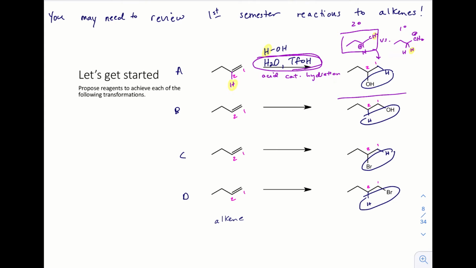The second reaction, however, has the product which would be the result of the less stable carbocation reacting. Now, that less stable cation cannot be accessed. However, a different reaction pathway can be used to generate the less substituted alcohol product, as we learned in Organic Chemistry 1, and that is hydroboration oxidation.